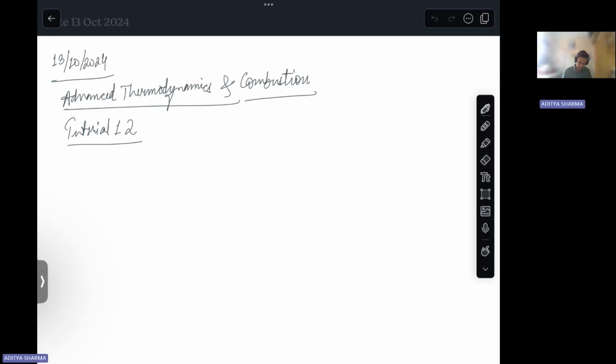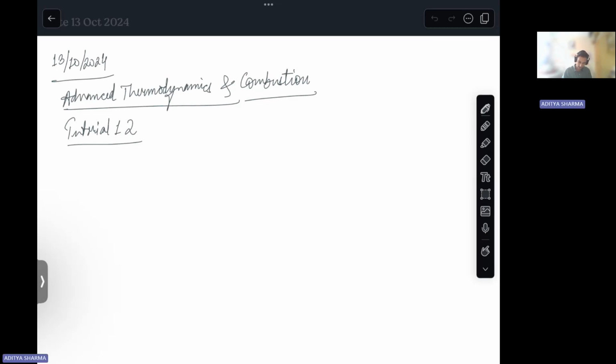Your rs is the radius of the droplet, also the liquid vapor interface radius. Then is B_q. B_q is basically the transfer number.